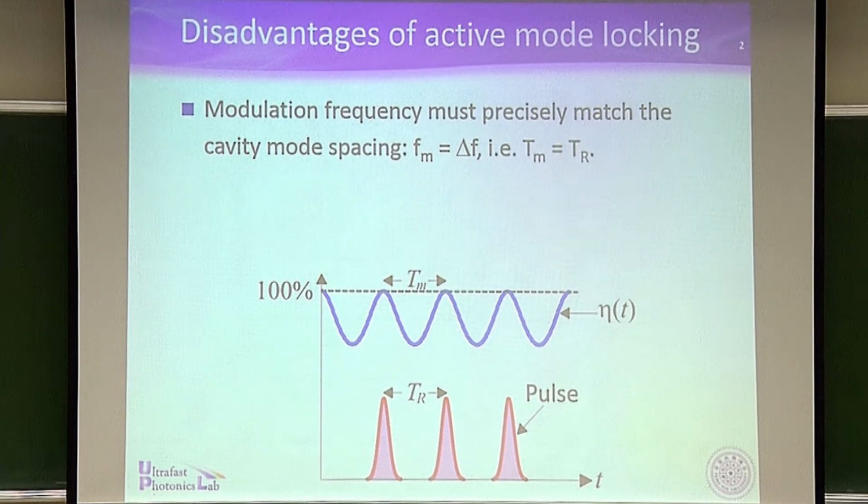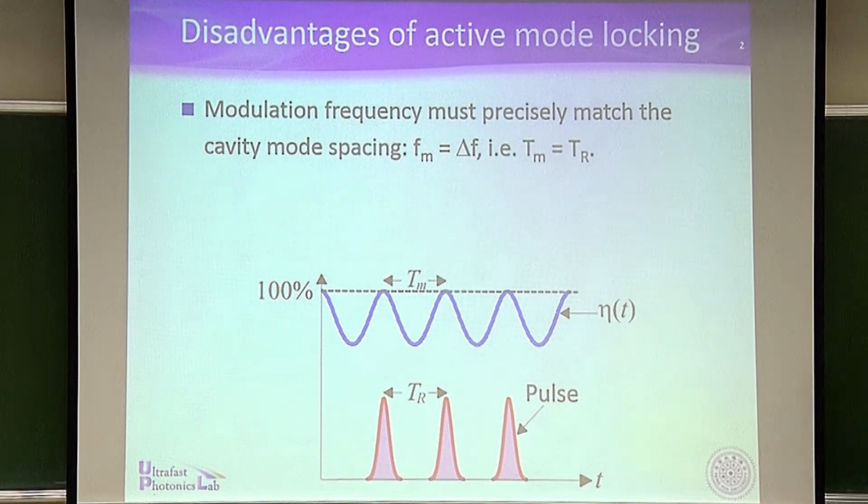The first one is the modulation frequency must precisely match the cavity mode spacing. In other words, f_m, the modulation frequency of the external modulator, equals delta f. Delta f is the mode spacing.